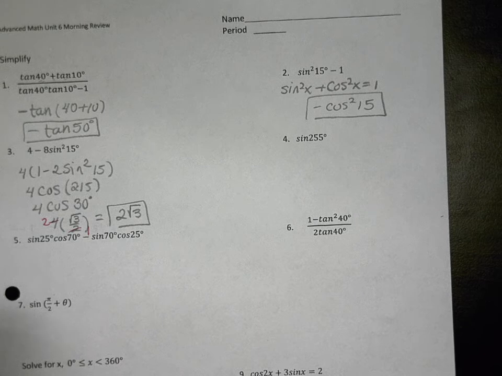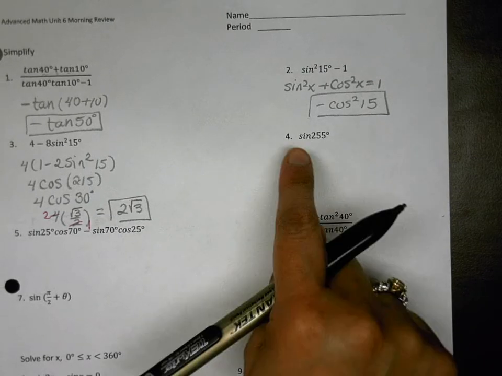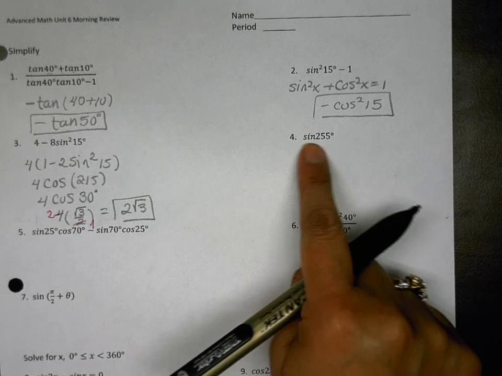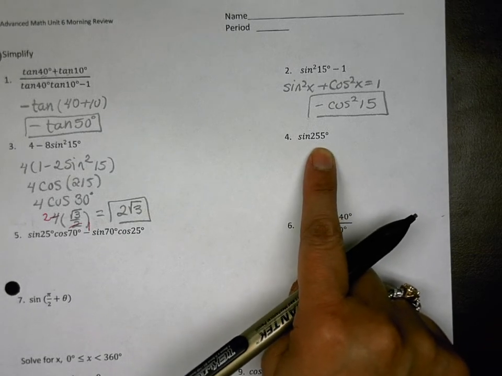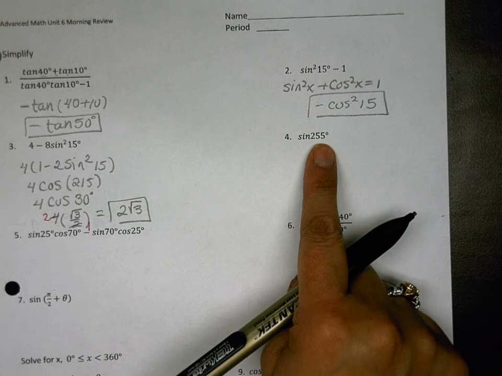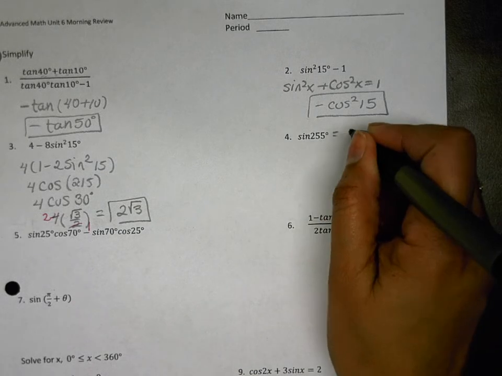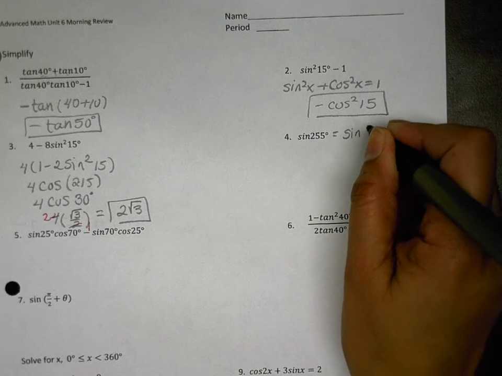All right. Next one we've done a few of. We've done them in notes. We've done them on the practice test. It was on the quiz, which we are getting back at the end of class. Right here, sine of 255. This is the one where we do break it up. You can use 45 or any form of 45.